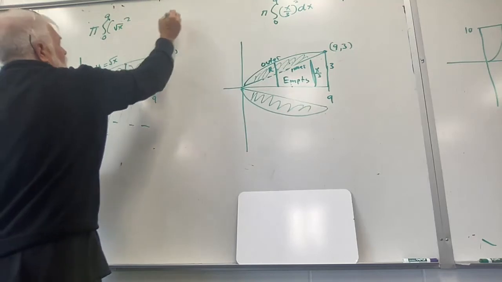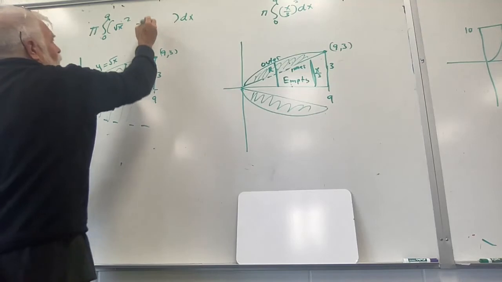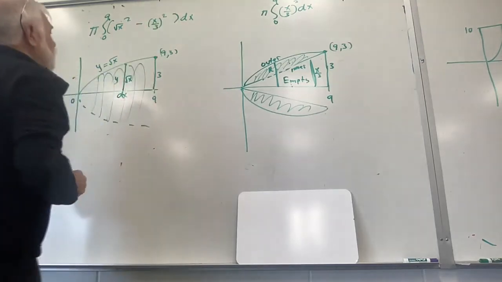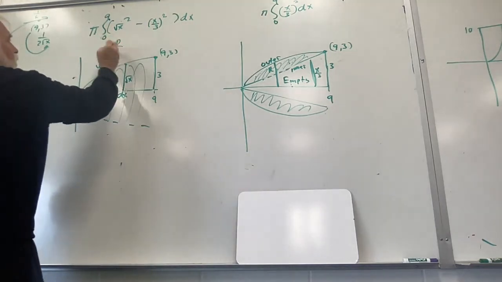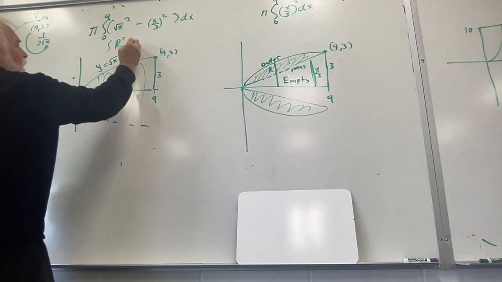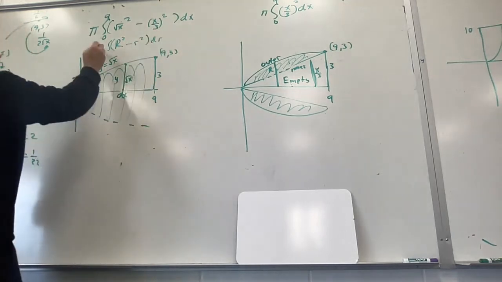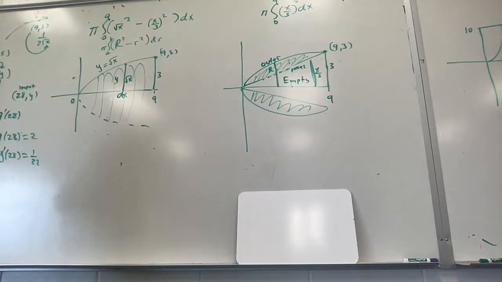So we're going to put that outside here, and then we're going to take that one, which is x over 3 squared, and I think we have it now. So we've got something that is really in the form of integrating pi times big R squared minus little r squared, dx, from a to b. That's generally what we're doing in this situation.